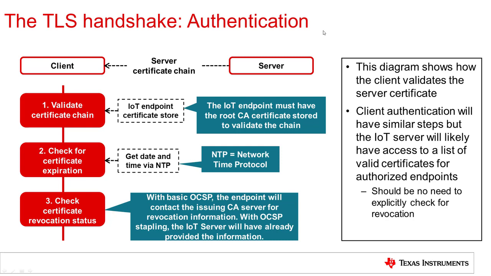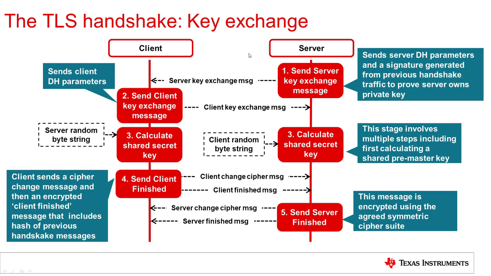As I mentioned at the start of the slide, when a server authenticates the client, the steps are essentially the same. The one potential difference is that an IoT server may well have a list of client certificates that are valid for its IoT devices, and it will likely check against that valid certificate list rather than explicitly checking for revocation, for example.